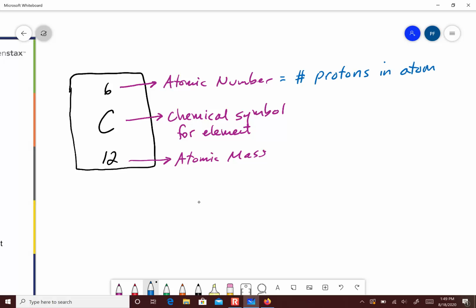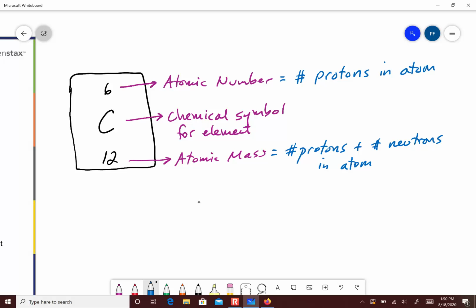It's one of the ways that these elements are organized in the periodic table, by looking at how many protons are in the atom. And then the atomic mass is going to be the number of protons plus the number of neutrons in the atom.